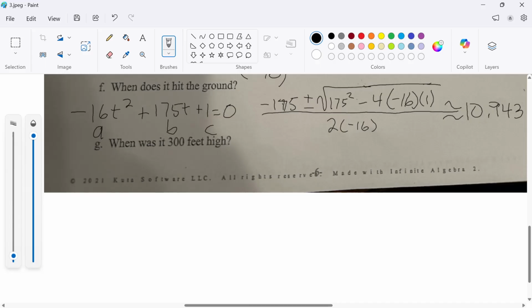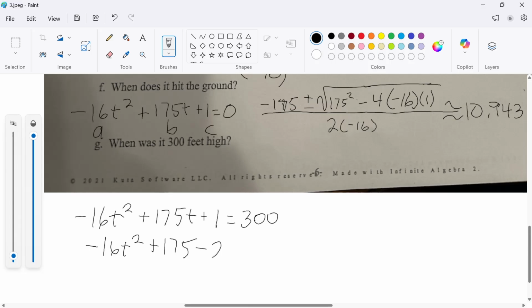And when was it 300 feet high? Well, then I'll do negative 16t squared plus 175t plus 1 equals 300 feet. I'll subtract 300 from both sides: negative 16t squared plus 175t minus 299 equals 0.